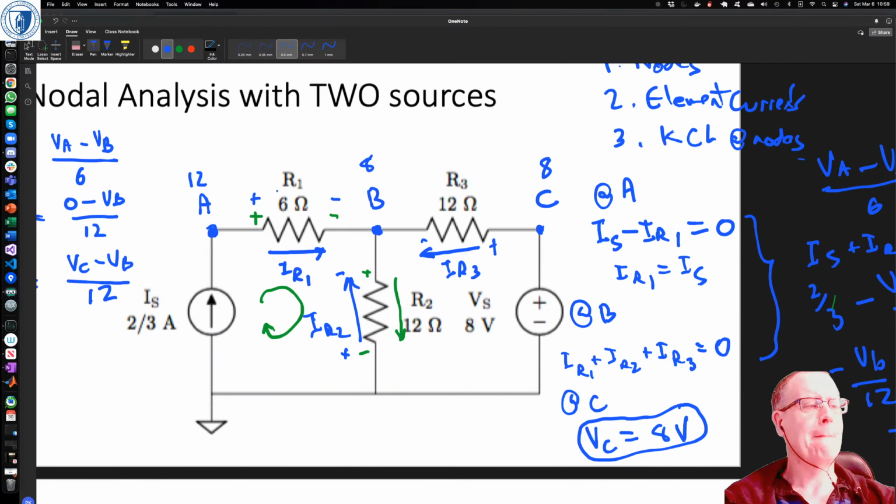One interesting thing about this problem is that VC minus VB equals 0, right? Because VC and VB are equal.